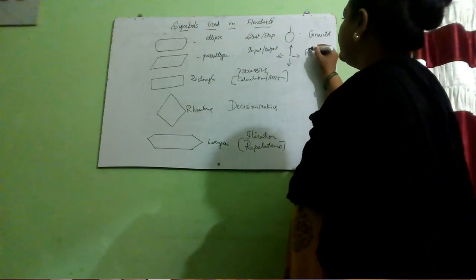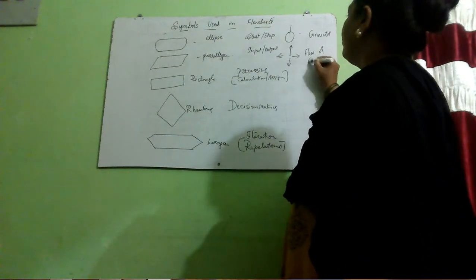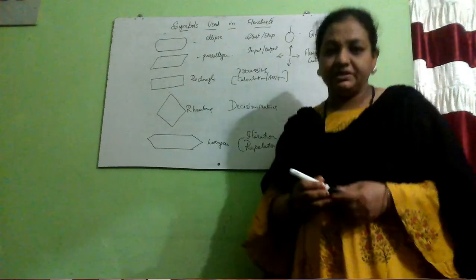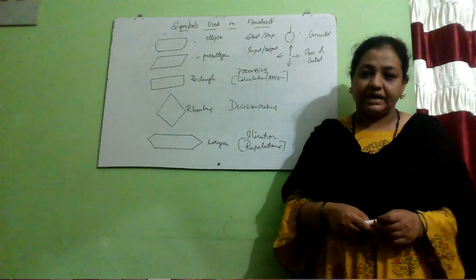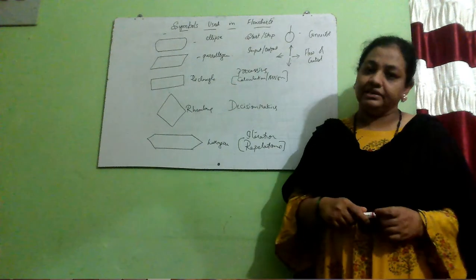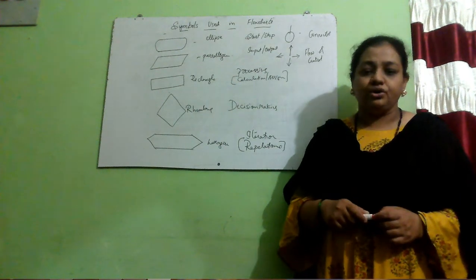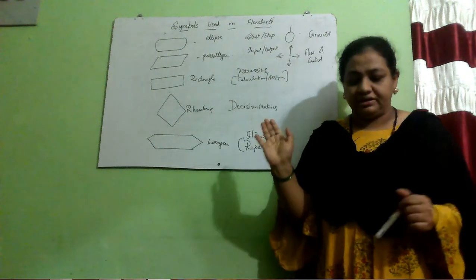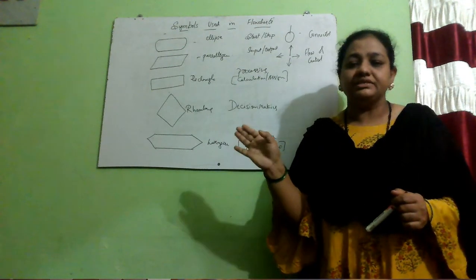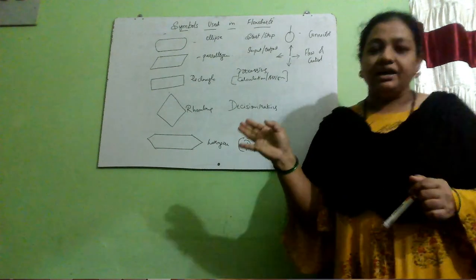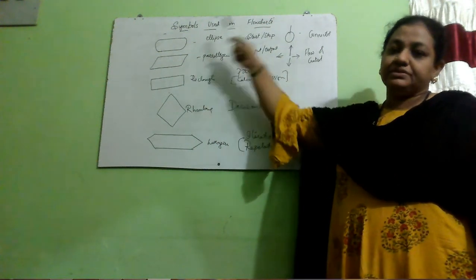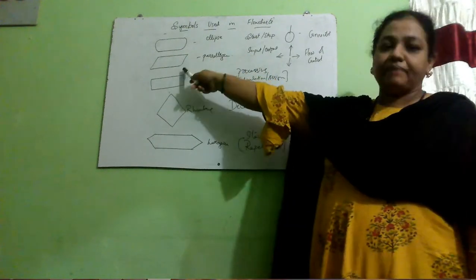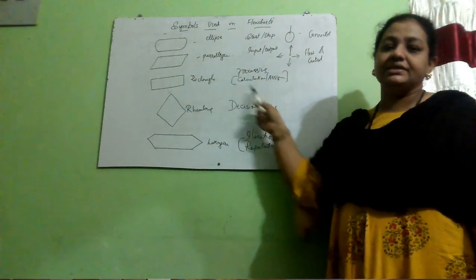As you can see, we have started the flowchart and I'm running out of space to continue. So what do I do? I will continue my flowchart in the next page. So to continue, we have to use a connector. So this is the connector which will be helping us to connect our flowchart from one place to another place.